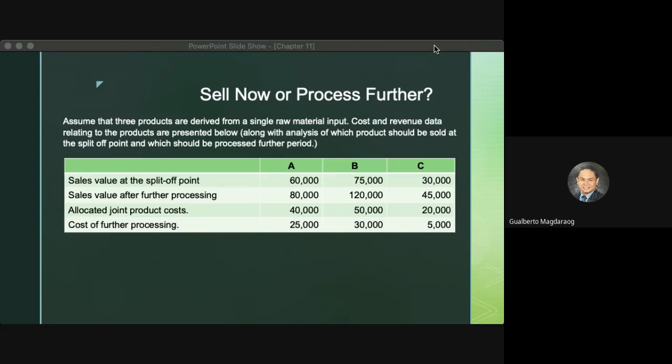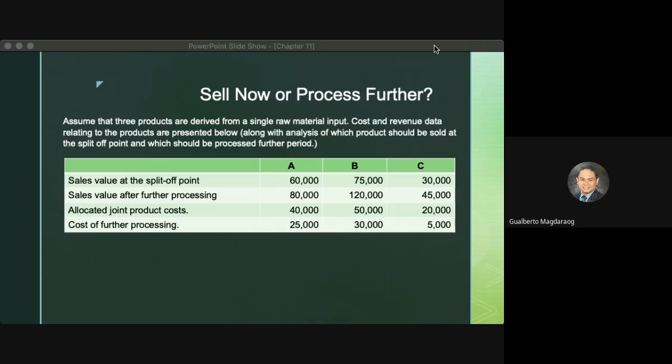And the increase in further processing cost from 50 to 30, the increase in further processing is 30,000. The 45,000 increase in sales value can easily absorb the further processing. So 15,000 is positive, it can be processed further.